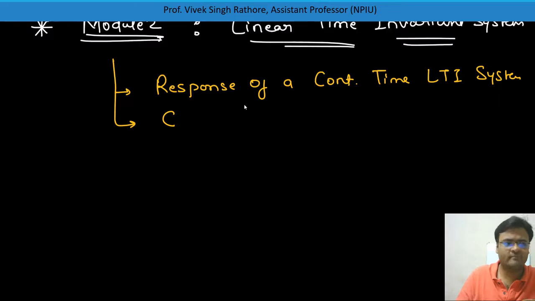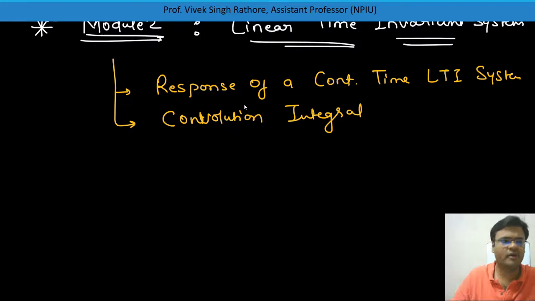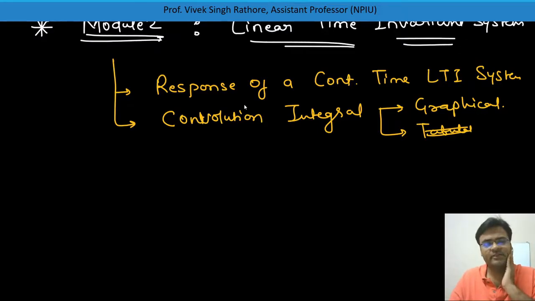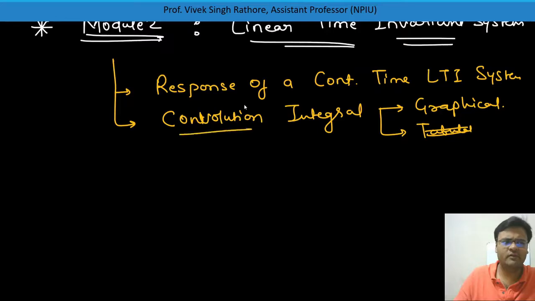For continuous time systems, we'll be using the convolution integral. First we'll see the graphical method, and then there are many more methods, mathematically also, and we can also derive convolution from the derivative. So we'll be studying convolution here.